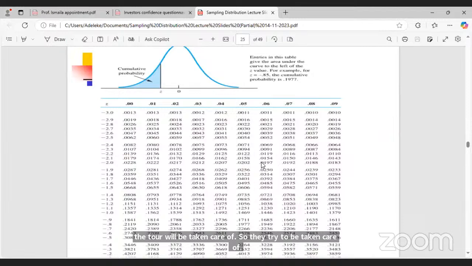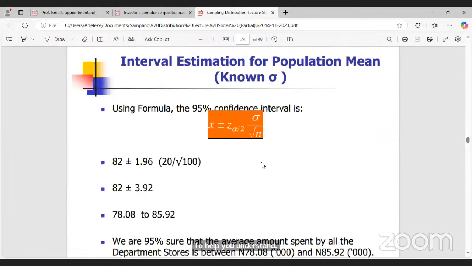Sir, please explain that again. Let's go back. Now, look at the screen. How do you get the 82? Look at the screen. Z alpha over 2, we got it as minus 1.96, right? But there's a sign here of plus or minus.